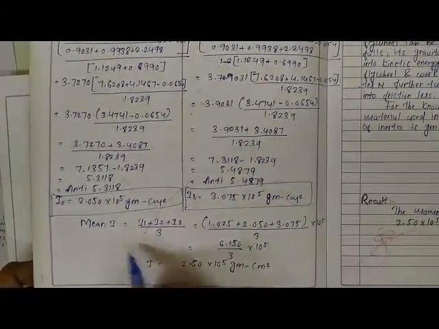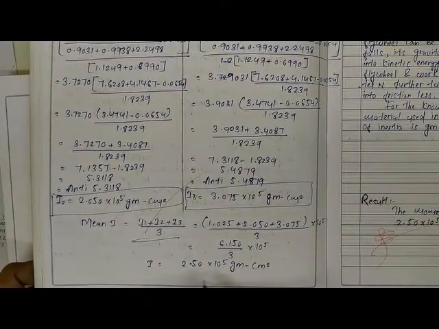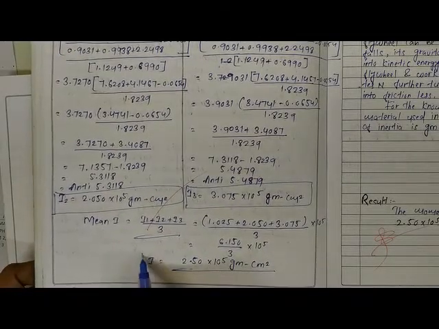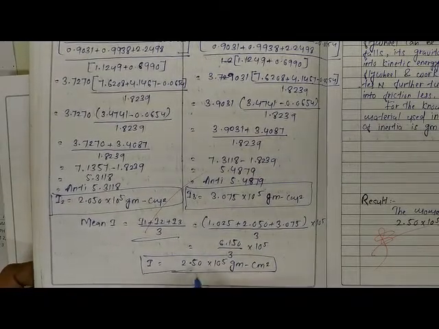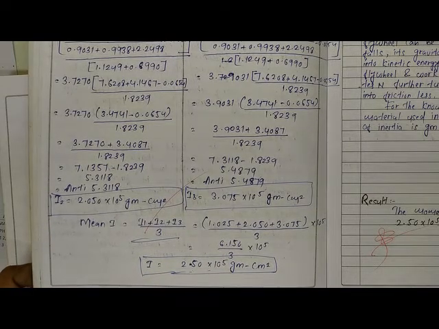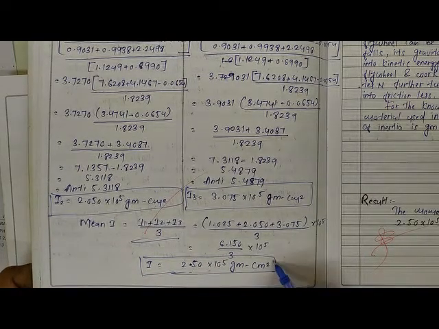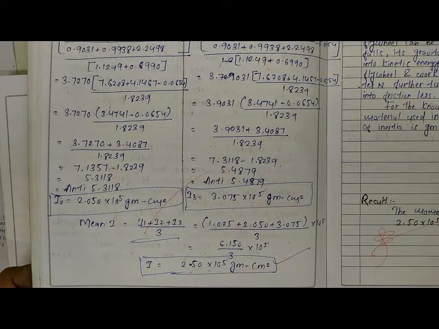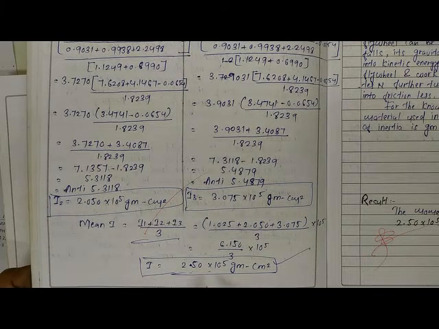As I told you, finally we have to take the mean, and the mean value of the moment of inertia is found to be 2.50 into 10 raised to 5 gram centimeter square. This is the value we found in the laboratory experiment for the moment of inertia of the flywheel.